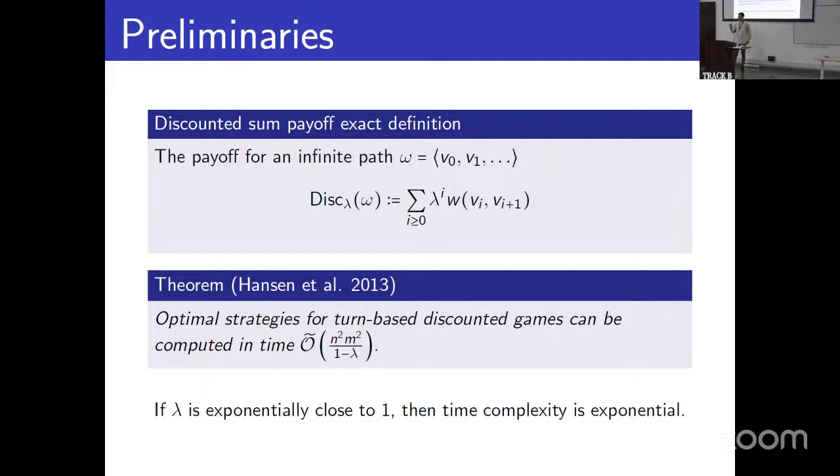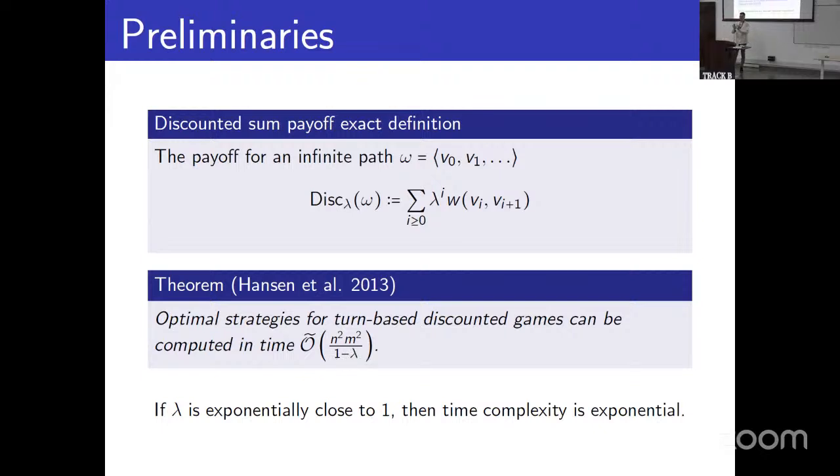And now for the other idea, that we have a discounted sum, right? So again, we have some path that was created with some payoffs, and then we have a discount lambda this time, not beta. And we know that this game can be solved in time that is some polynomial in 1 over 1 minus lambda, right?